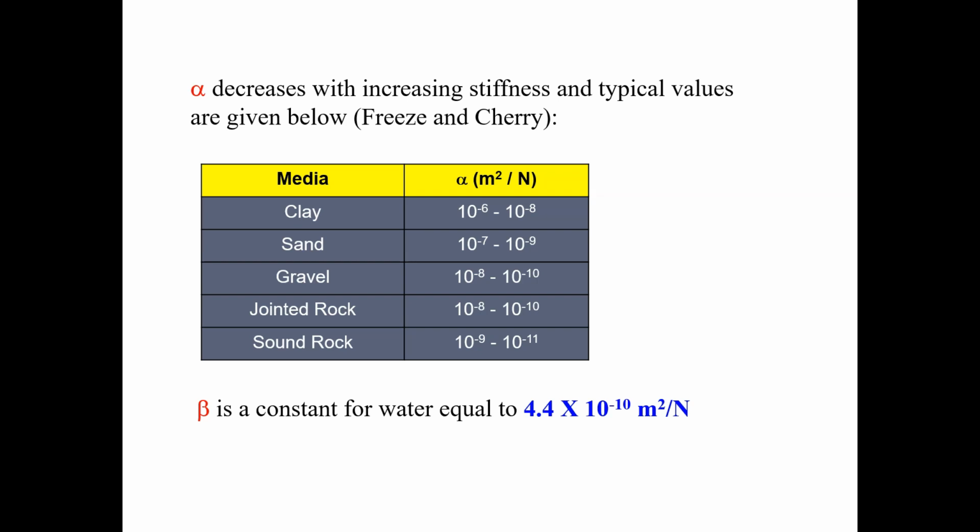So it's quite small. Water is relatively incompressible. So using this table and plugging these terms in, you can estimate specific storage based on these coefficients, or you can do a field test.